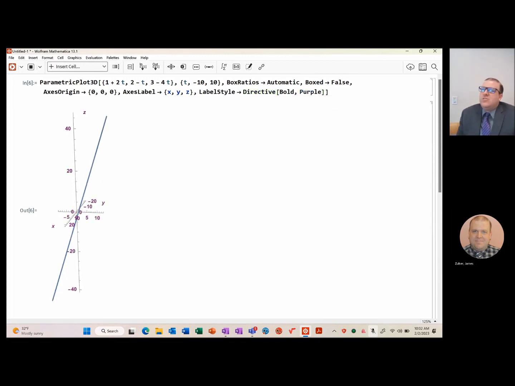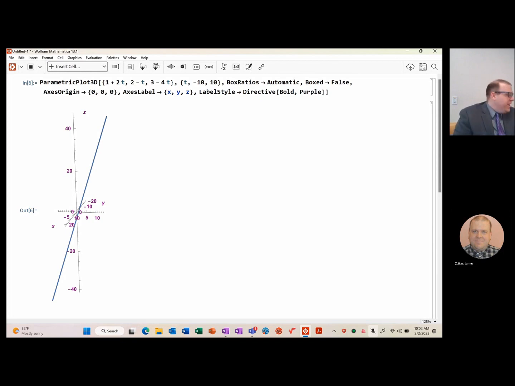Also change its color to make it stand out more. A cool thing I learned about Mathematica is, as long as you know the RGB code, you can put any color in here you want. We'll be playing around with that later.